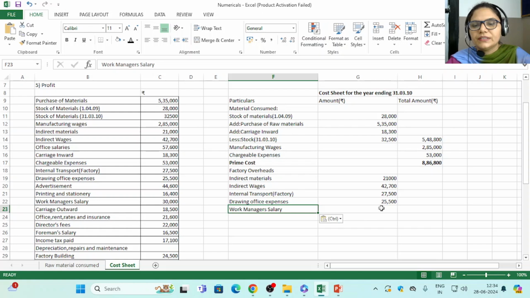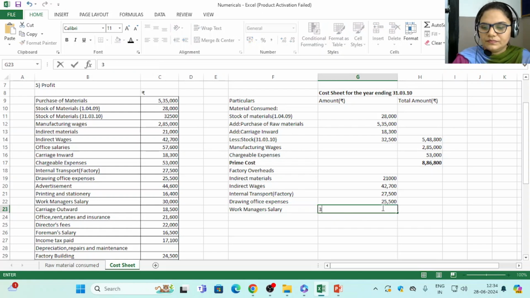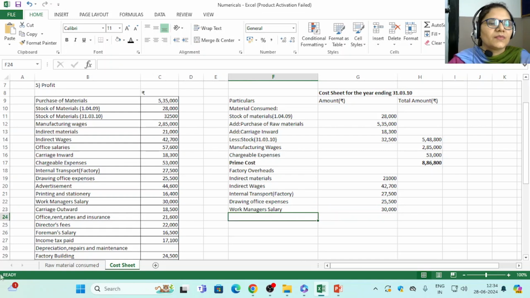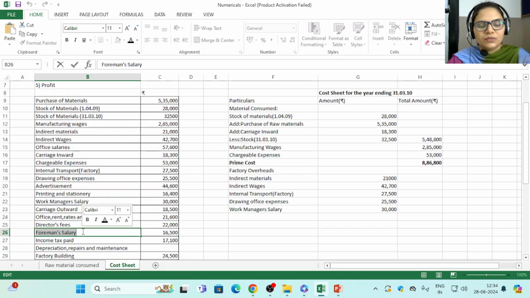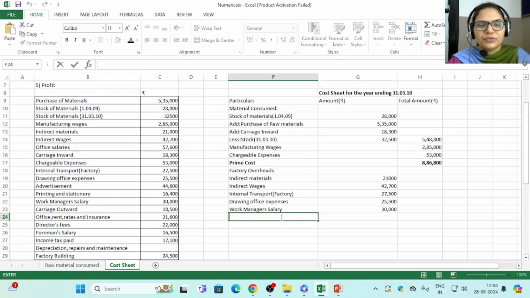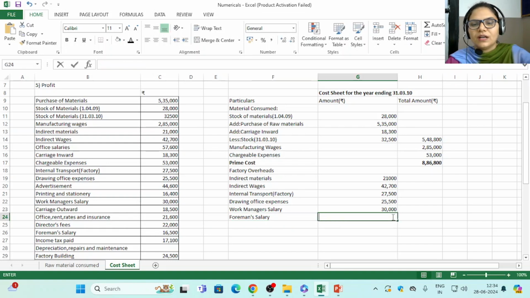It is rupees 30,000. Next is your foreman salary. It is again paid to the people who are working in the factory, so definitely we are going to show it in the factory overheads. It is 16,500.